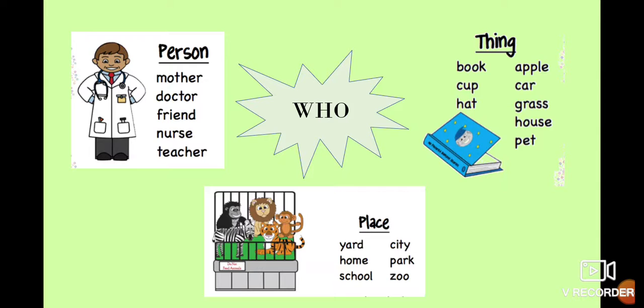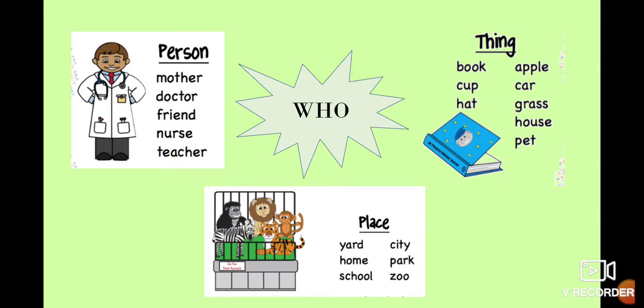Okay, let's continue. When we talk about who or what: who is about a person. It could be the mother, a doctor, a friend, a nurse, a teacher. And when we talk about what, we talk about things or places. Things: a book, a cup, a hat, an apple, a car, grass, a house, or a pet.